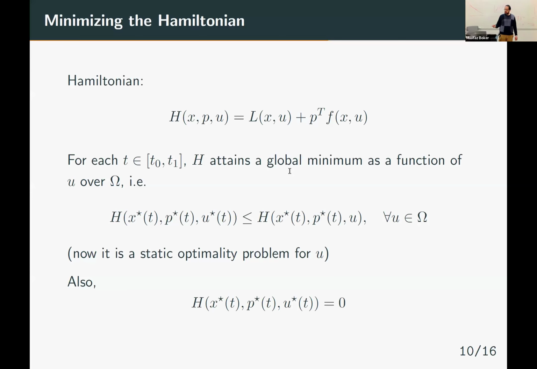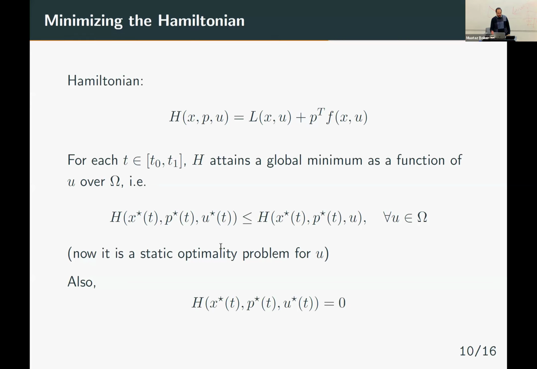Why can we talk about global here? Because we're going to search for the optimal point. We're not going to solve it or find it using differentiation. So H attains a global minimum as a function of U over omega, which is the set of constraints.